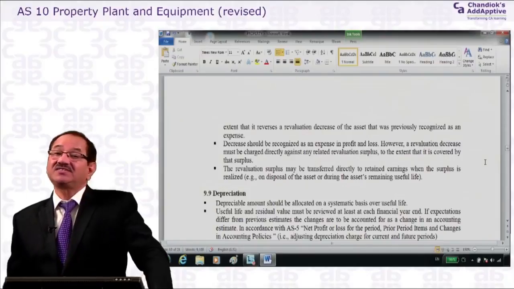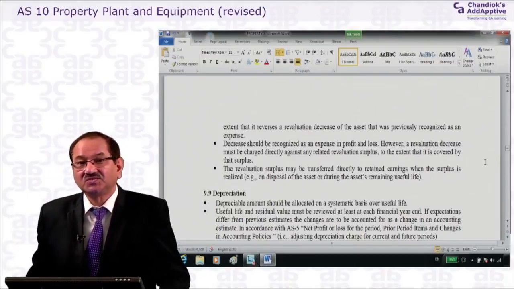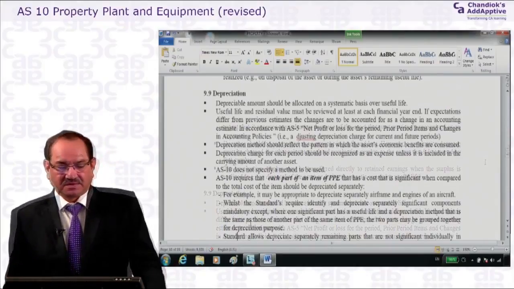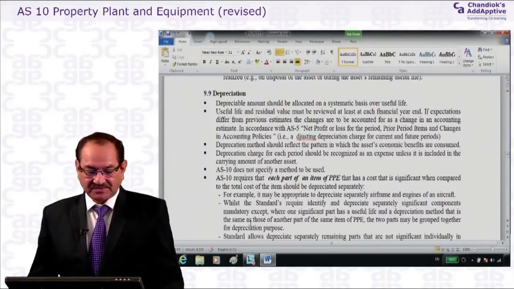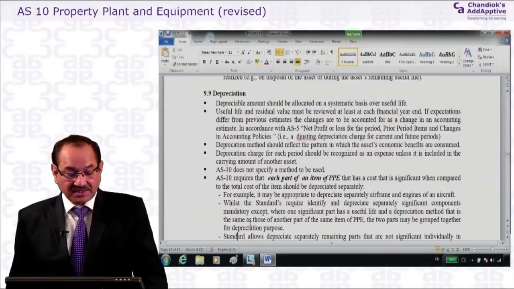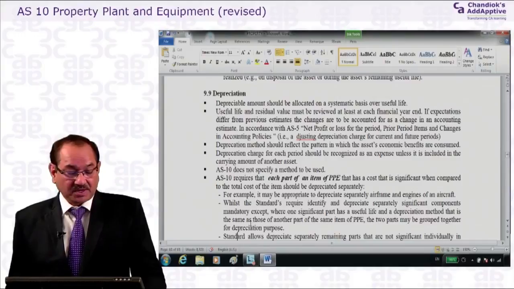You have also the guidance note on accounting for depreciations. So that we will be discussing now. Dear student, as I told you, Accounting Standard 6 has been withdrawn, and because the depreciations part, which Accounting Standard 6 was dealing with, has been incorporated in Accounting Standard 10 itself.